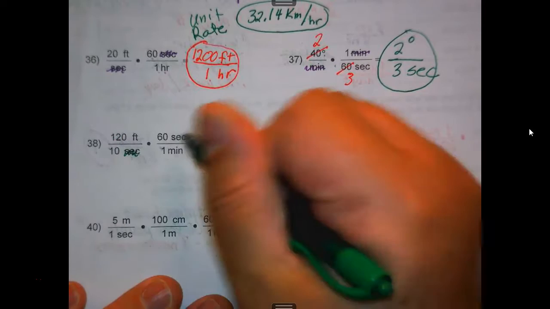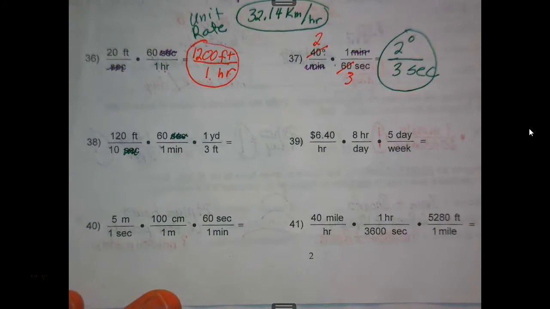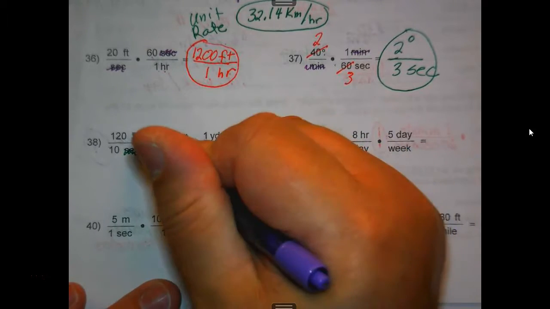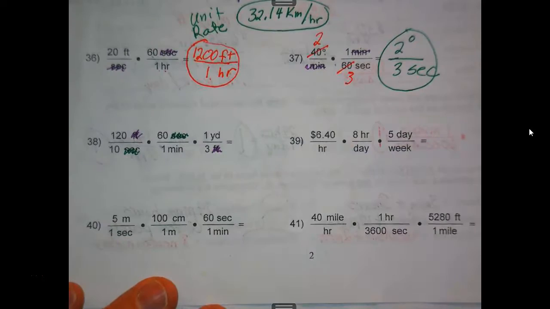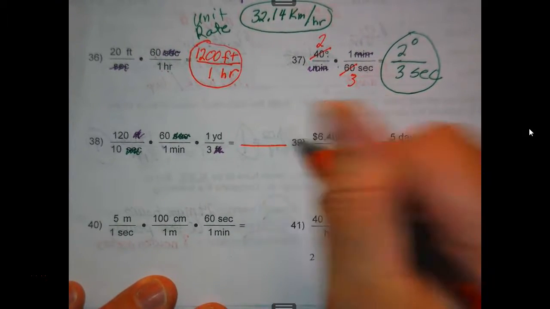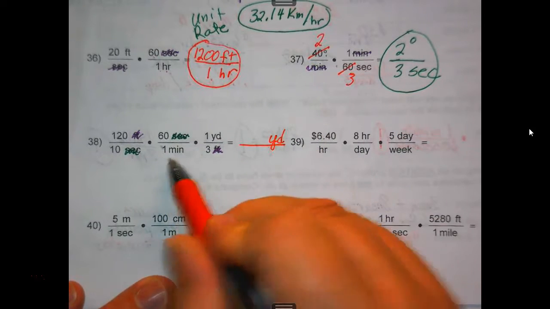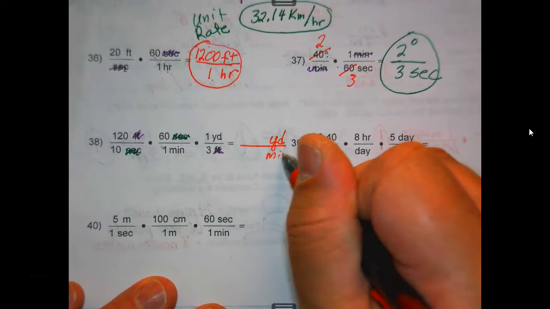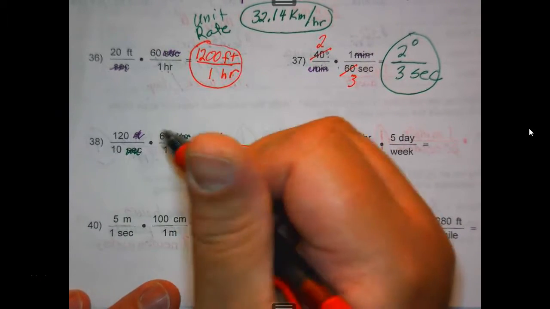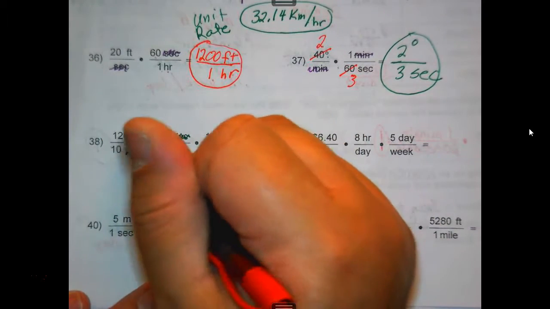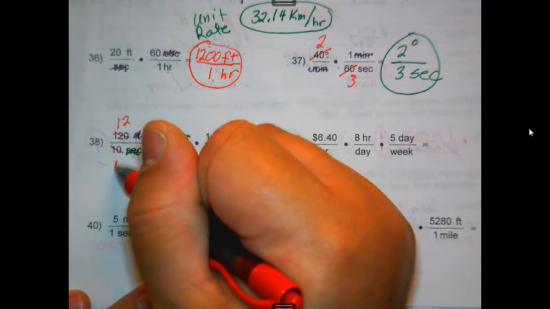All right, seconds cancel out. That means I end up with yards on top and minutes on the bottom. Let's do numbers. 10 goes into 120 12 times, good.